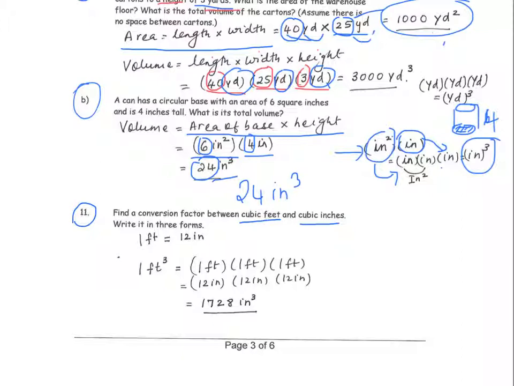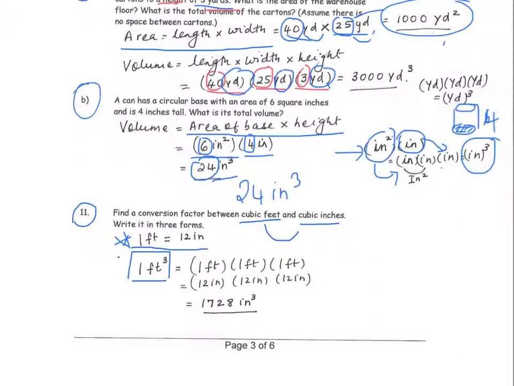Now normally in any table that gives the conversion equations, you'll see something like 1 foot equals 12 inches, but rarely a table would have a relationship between cubic feet and cubic inches, but we can figure it out using the equation 1 foot equals 12 inches. So let's see what it means when we say 1 cubic foot. So 1 cubic foot is 1 foot cubed.